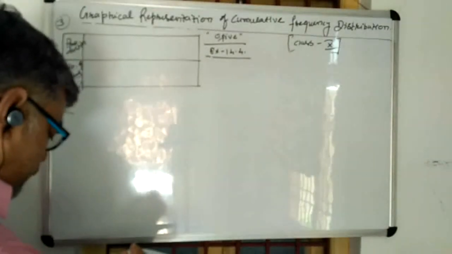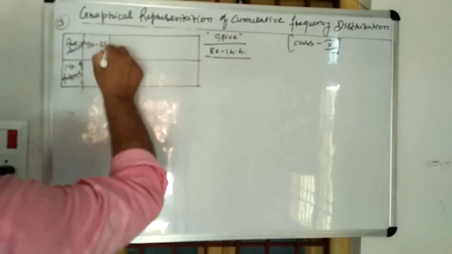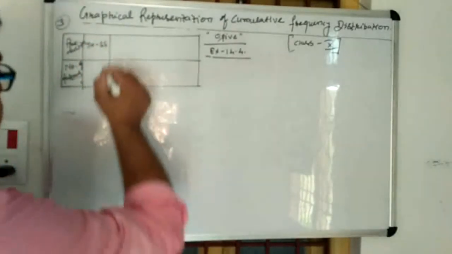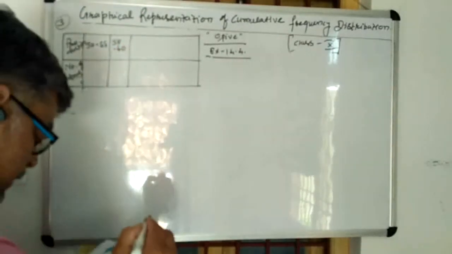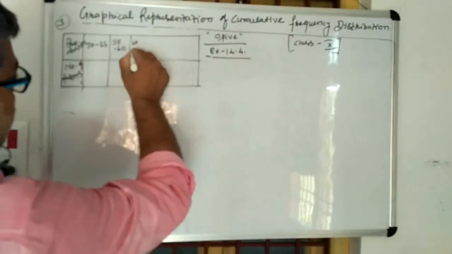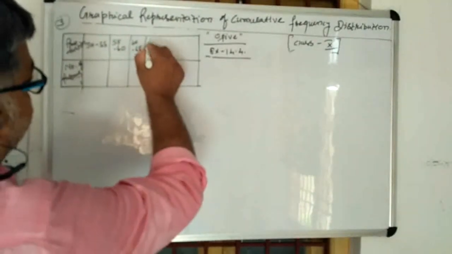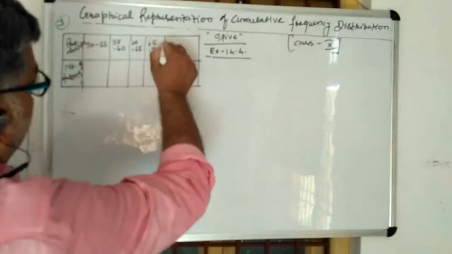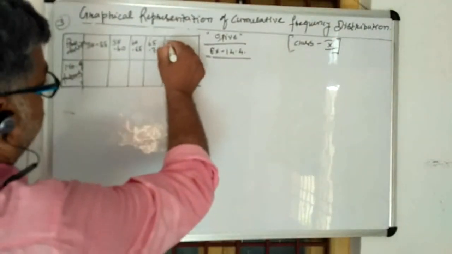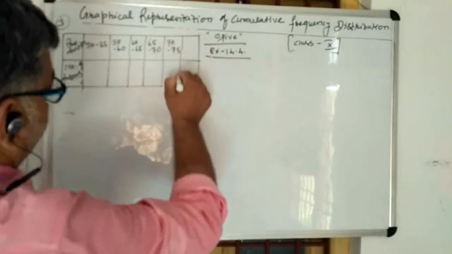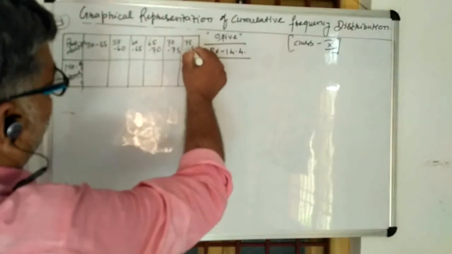Your production is 50 to 55, 55 to 60, 60 to 65, 65 to 70, and thereafter 70 to 75 and 75 to 80.